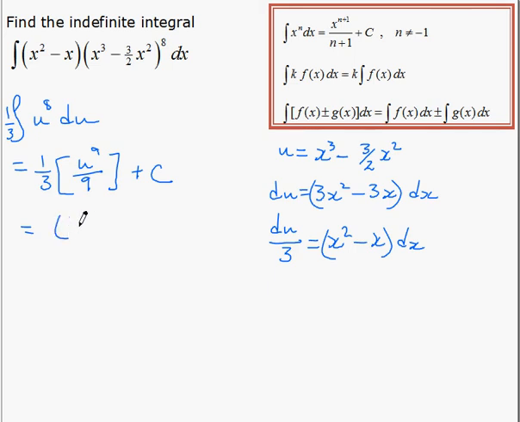Simplifying then gives us x cubed minus 3/2 x squared, replacing u, that's to the power of 9 over 27 plus a constant.